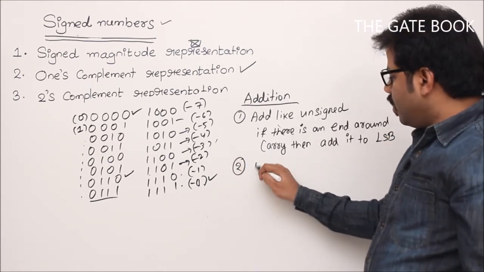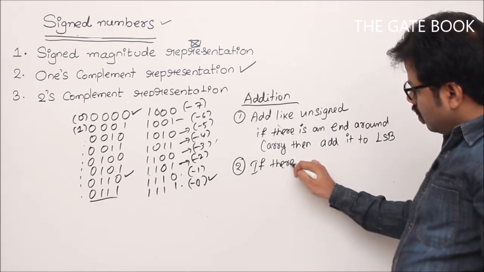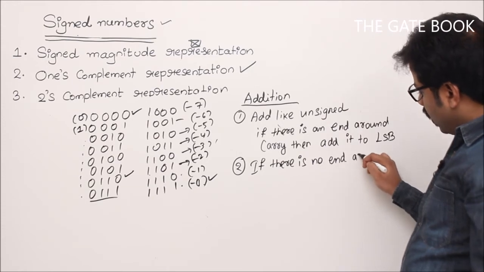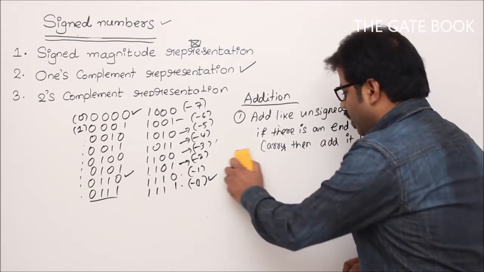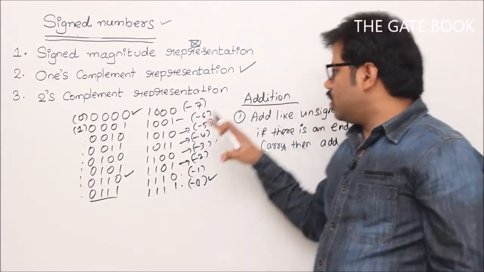Second, if there is no end around carry, keep quiet. That means this step is unnecessary to write, right? If there is no end around carry, don't do anything. Directly it's the result. So this is the process.